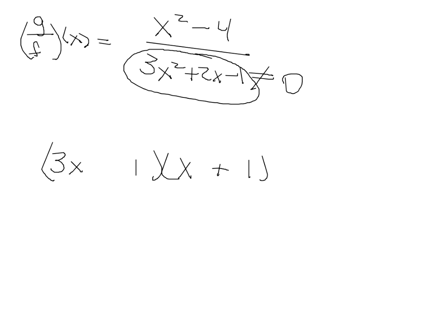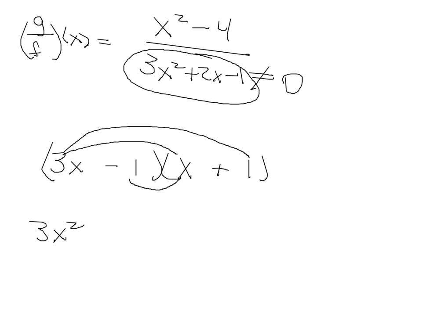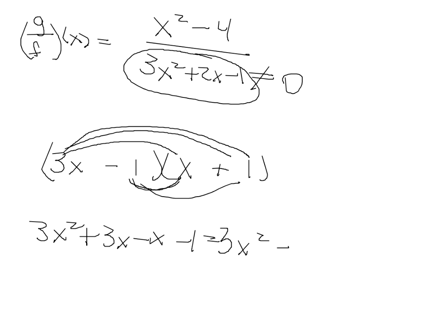And then the 2x means the bigger one's going to be positive. So if I take 3x times 1, that's going to give me 3x. And then minus 1 times x is going to be minus x, which combines to give me the plus 2. So let's check it. There's 3x squared plus 3x minus x minus 1. So that is what we started with.